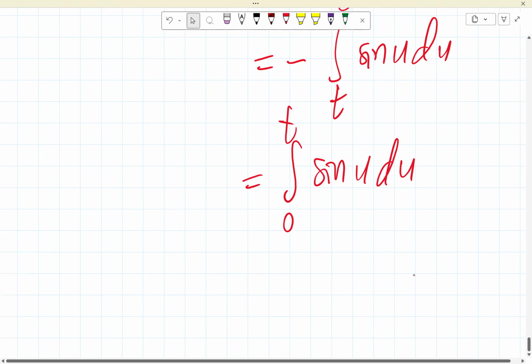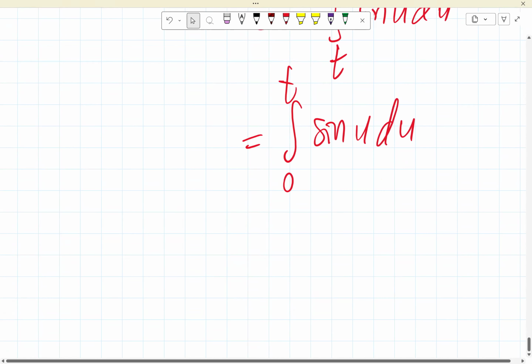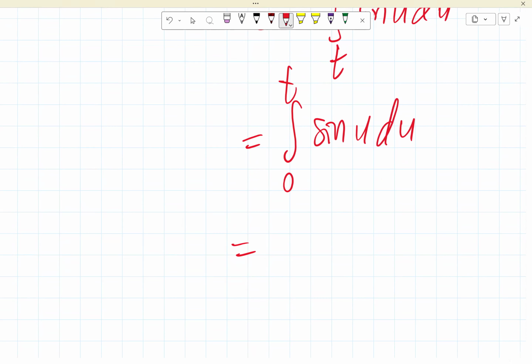That's the beautiful thing happening there. If you differentiate sine, you get cos. If you differentiate cos, you get minus sine. That means if you integrate sine u, you get minus cos u, evaluated from 0 to t.